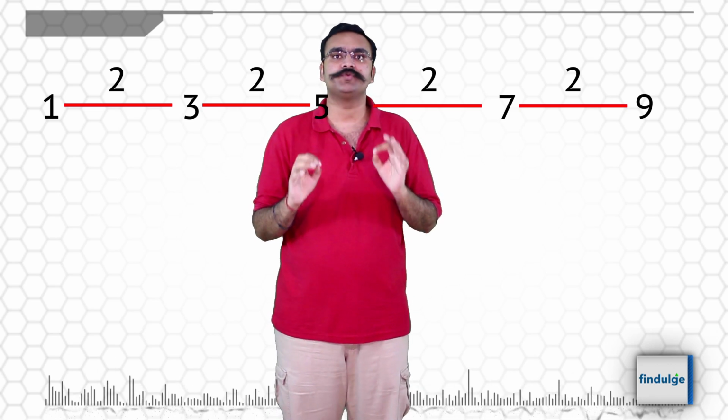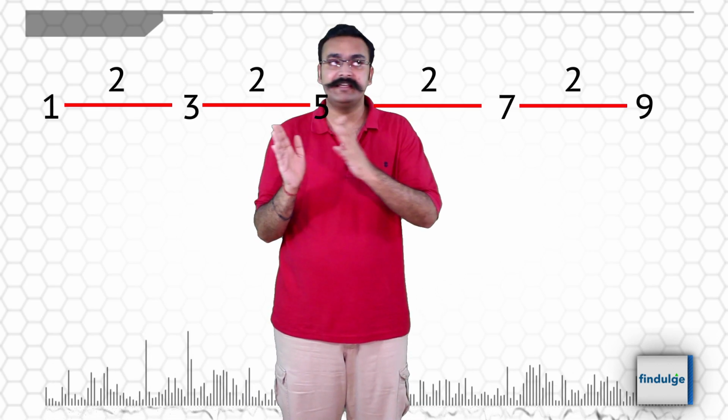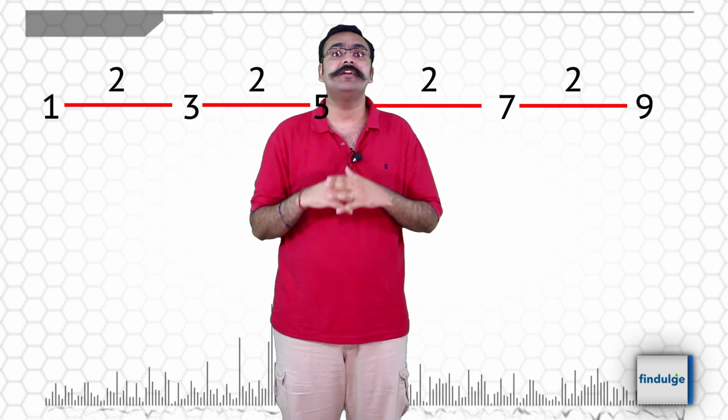And this is what we'll be studying, series like these, and what their properties are. Particularly two types of things. The first type is finding the nth term of an AP, where they'll give you an AP and ask you to find the 10th term, 20th, 50th, 100th, and so on.